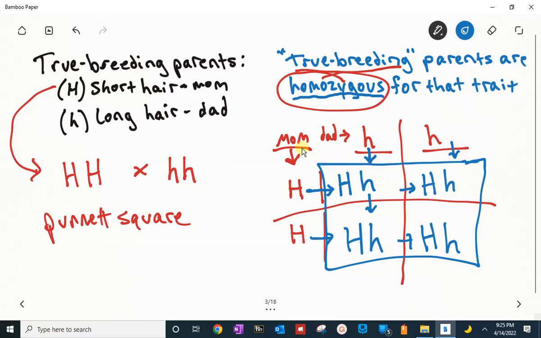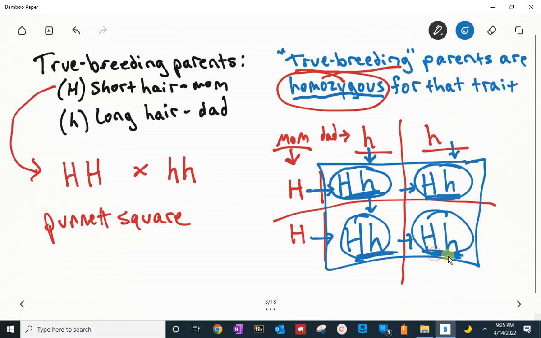So if the mom and dad got together and had children, they could either have a child with capital H little h, capital H little h, capital H little h, or capital H little h. And look at that. These are all the same thing, aren't they? Capital H little h. These are all the same thing.